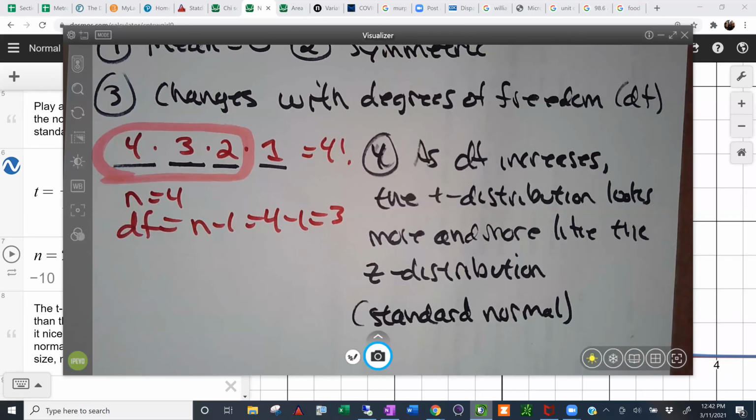And let's see that for ourselves and get acquainted with finding values for the t distribution on statdisk. You can also find them on Google Sheets or on your graphing calculator, but I think it's going to be absolutely most convenient to work with them on statdisk.